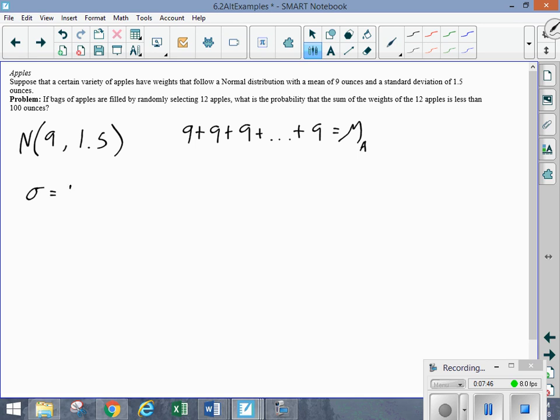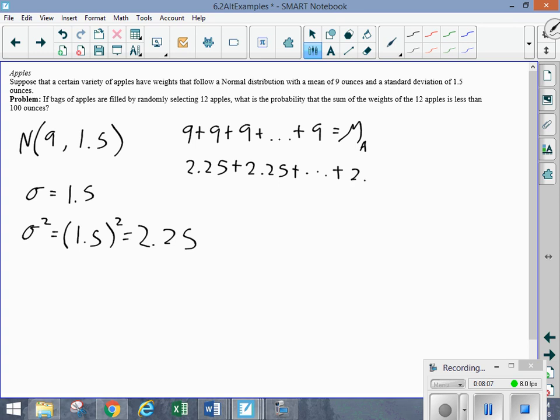So if our standard deviation is 1.5, then our variance is 1.5 squared, which is 2.25. So then for my new variance, it's going to be 2.25 plus 2.25 plus, 12 times. That's going to be the variance of A. Let's figure out what each of these things are.